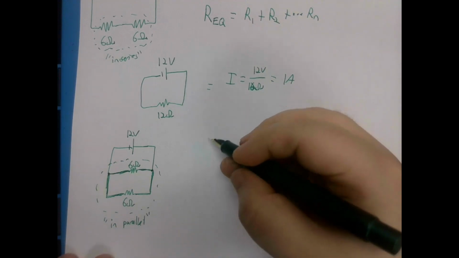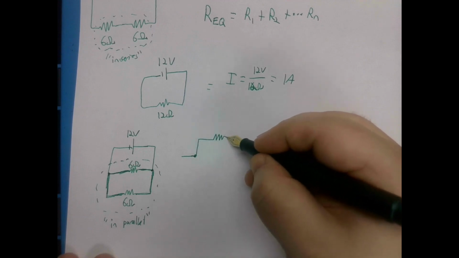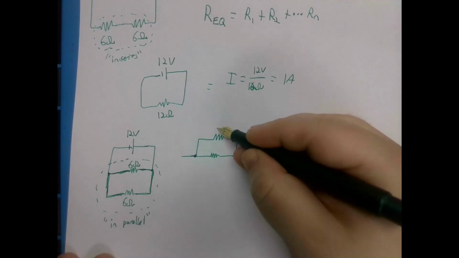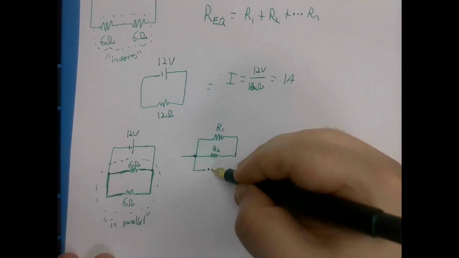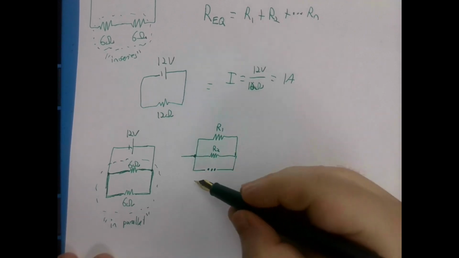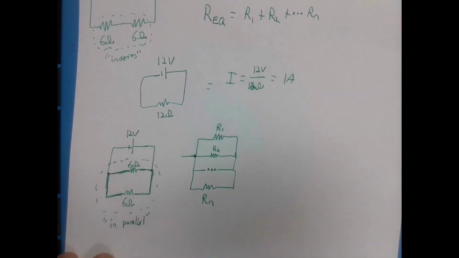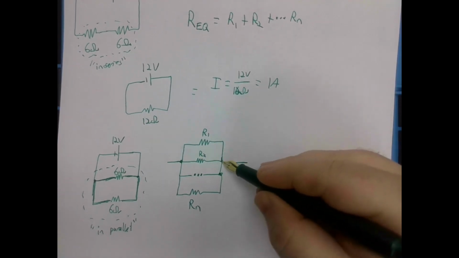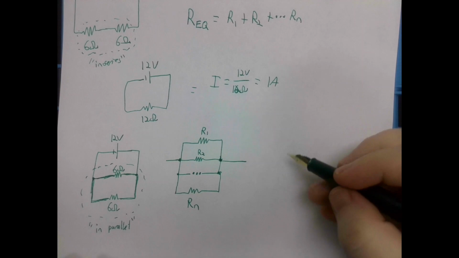So if you have R1, R2, Rn, so they're all connected without anything in between them, all in parallel.